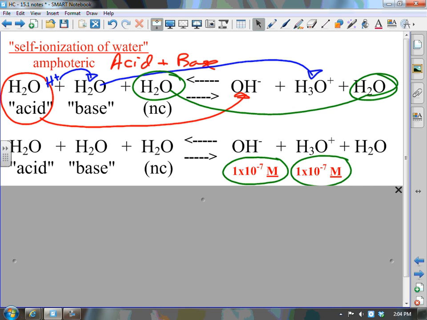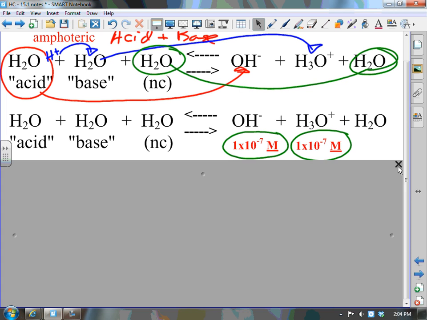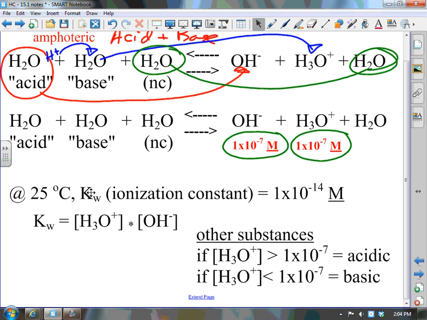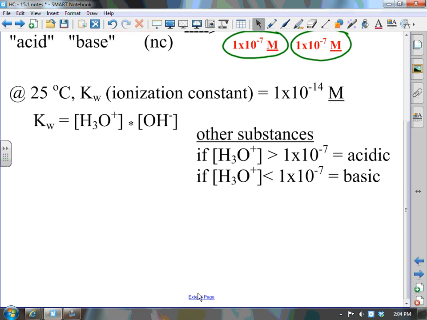So what this led to next was what we call the equilibrium constant, or the ionization constant. It's what we call the Kw. The Kw for water at 25 degrees Celsius is 1 times 10 to the minus 14. So Kw equals H3O plus times OH minus.